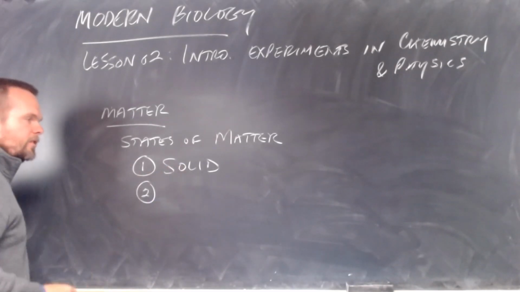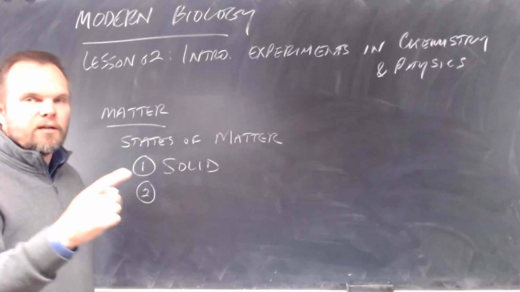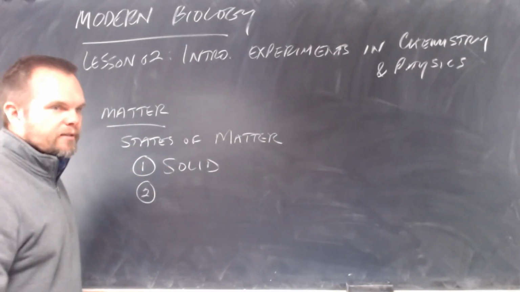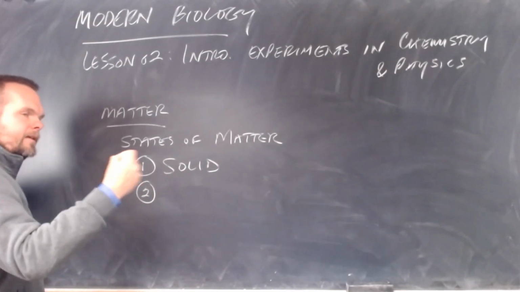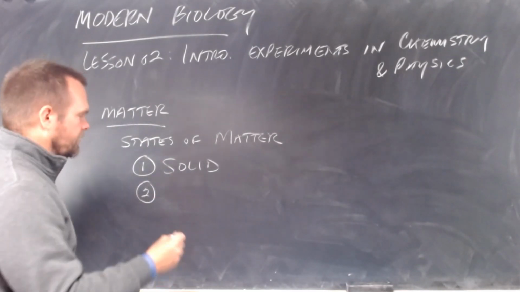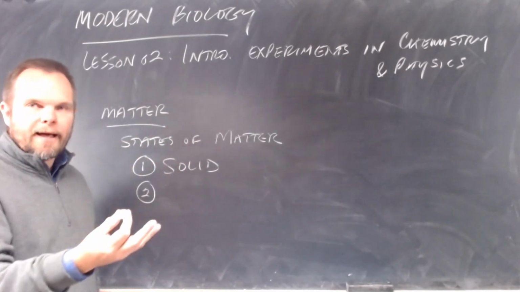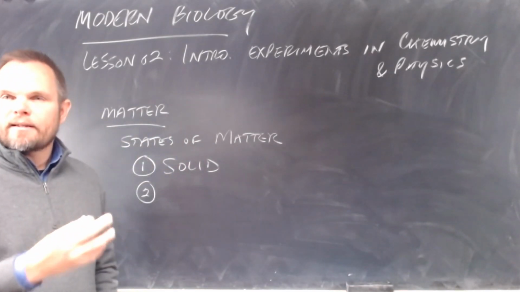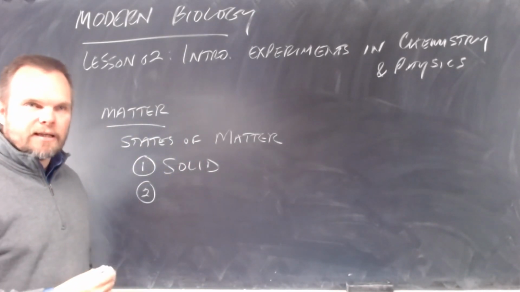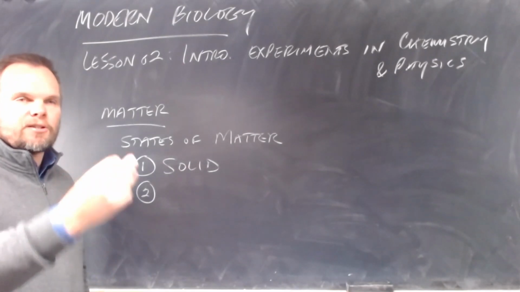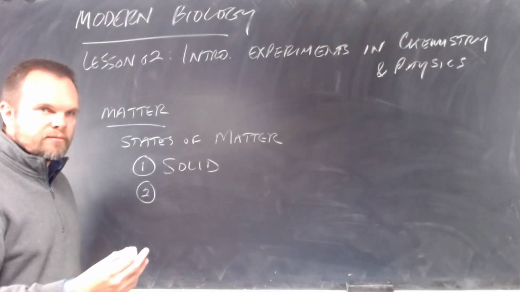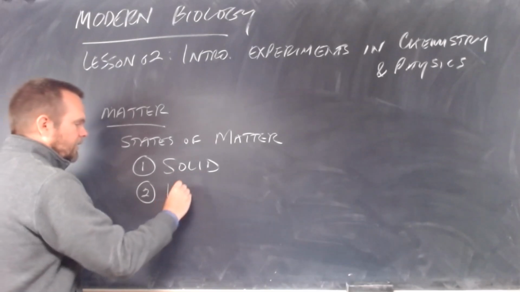The ice cube starts out in a state of matter called a solid. It then is heated and changes. It doesn't change its matter. It doesn't change what it is. It's still the same substance, but it changes the state. It changes to a liquid.